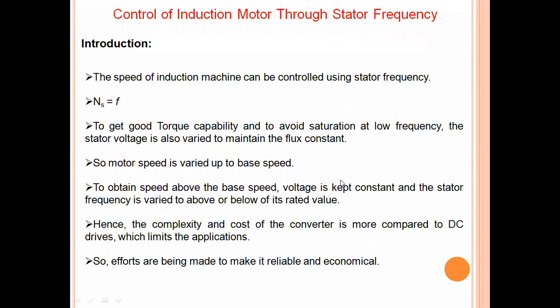So DC drives are preferred over induction motor control with the stator frequency. But many efforts are being made to make this stator frequency control more reliable and more economical. So this is the major disadvantage because of the system complexity and cost.